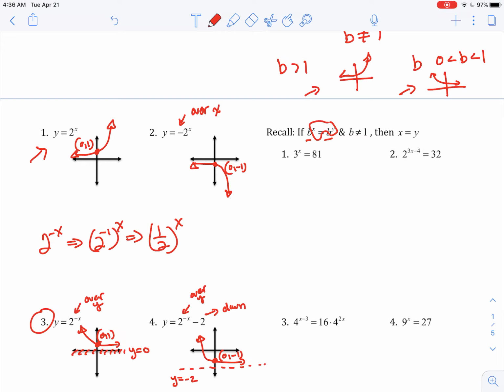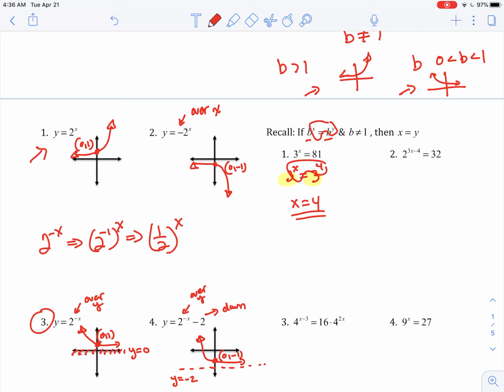So just going back and reviewing that concept, on number 1 here, if I have 3 to the x equaling 81, well, I know that 81 is the same thing as 3 to the 4th power. And if the left side equals the right side, and we know that our bases are the same, then our exponents would have to be equivalent. So x would have to equal 4.